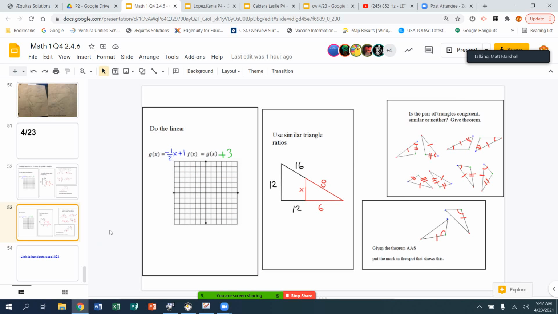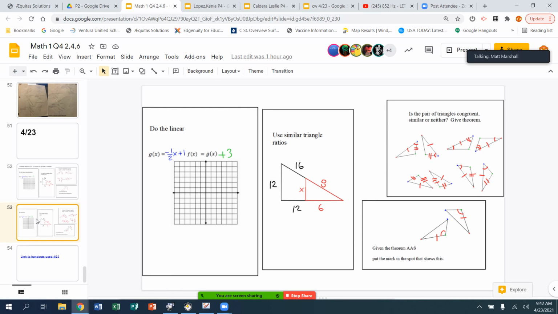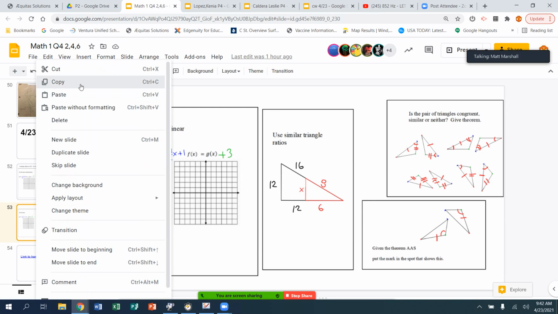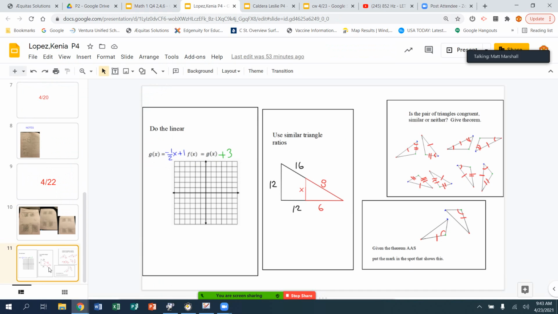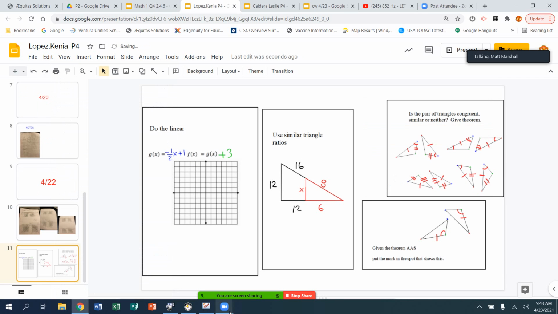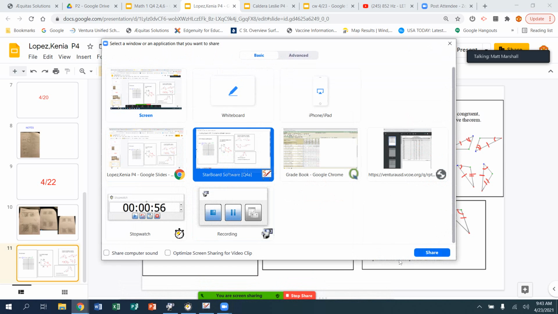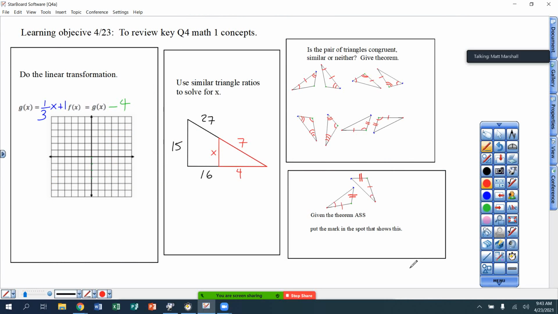But today I'm going to show you this first set, and then I'm going to have you copy slide 53 onto your own by copying and pasting. And then I'm going to have you do the work for it and talk about it out loud in about 15-20 minutes for attendance purposes and for points purposes. All right, so here we go. Can you guys see the screen right here?